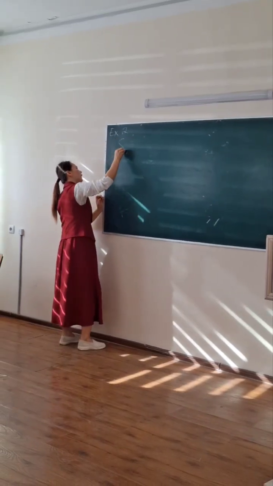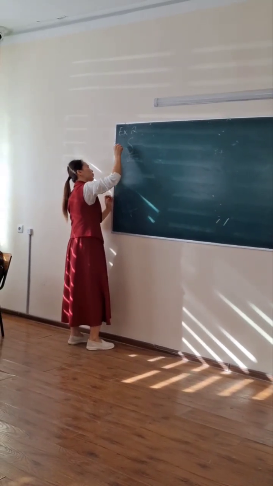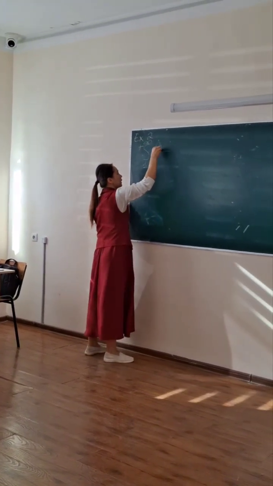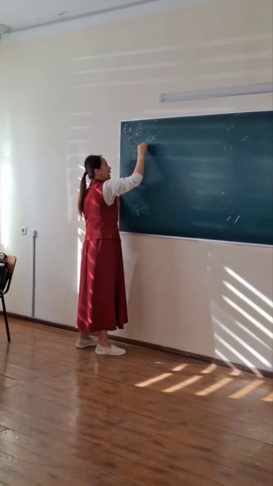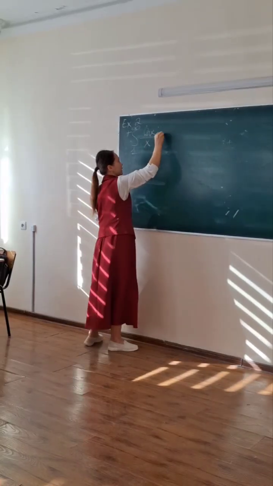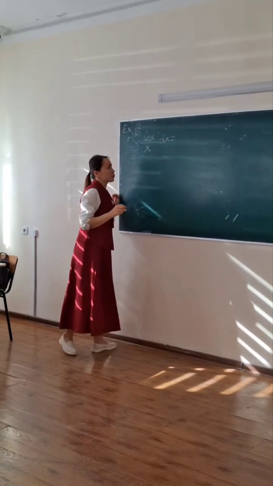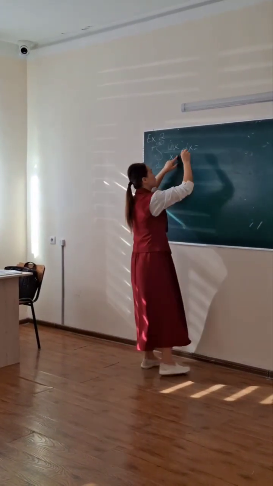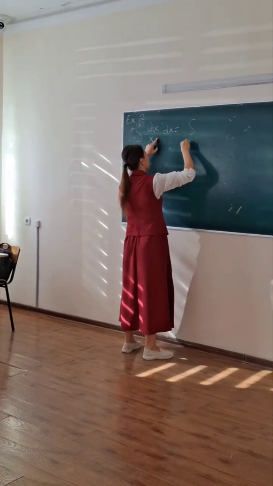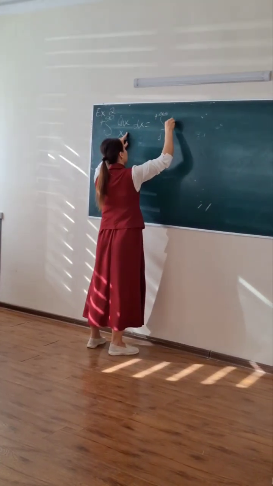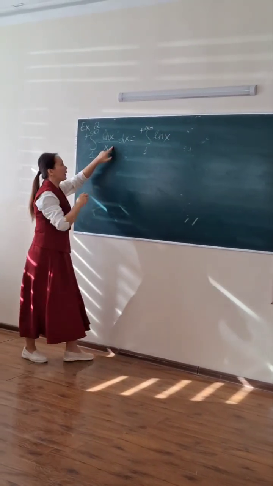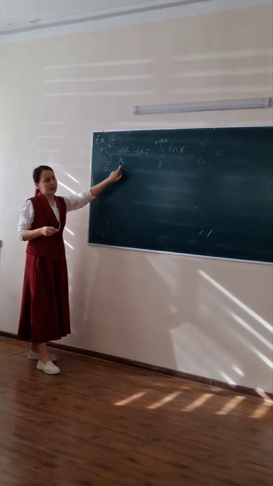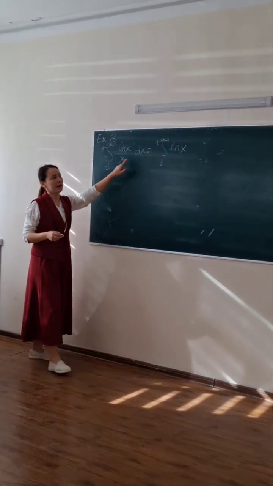Example 2: 1 to plus infinity, ln x divided by x dx. We should evaluate this integral. We all know 1 divided by x is the derivative of ln x.